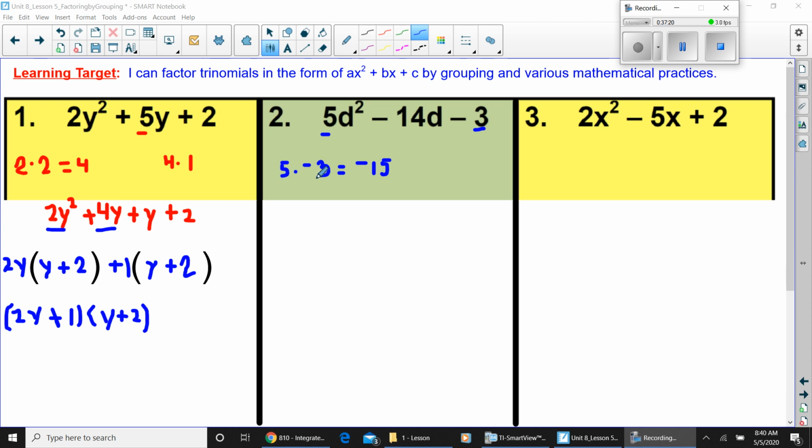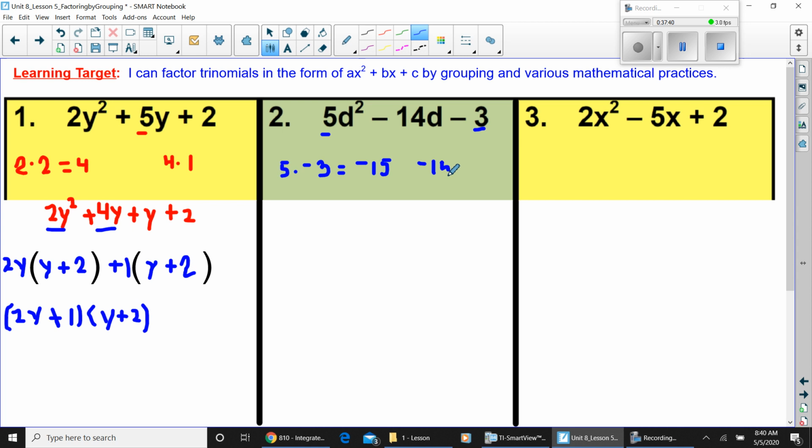All right, 5 times negative 3 equals negative 15. But now you have to pick two factors that add to negative 14.